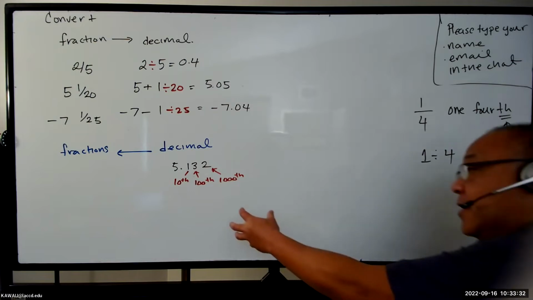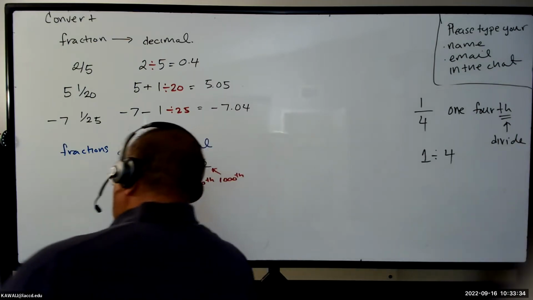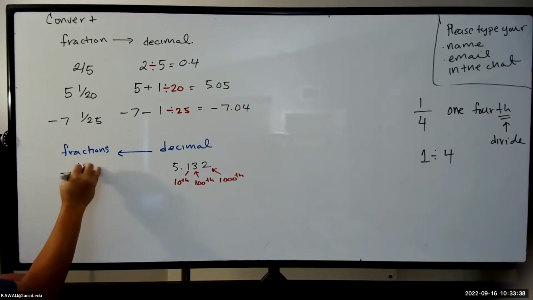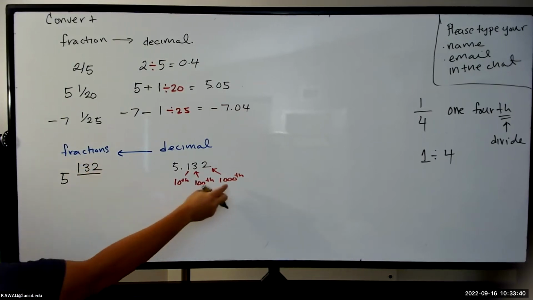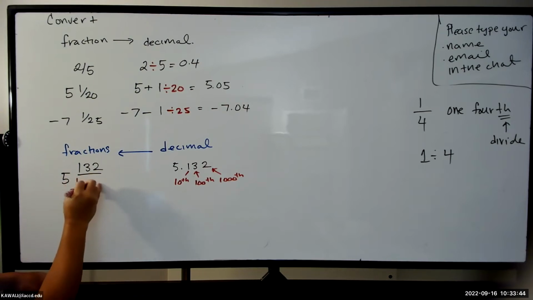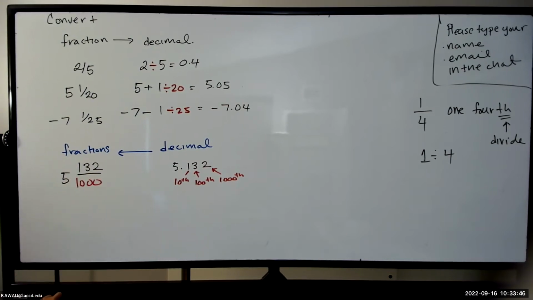So the same thing is going to happen over here. We're going to have 5,132 divided by whatever the last digit is, right? The last digit is in the thousands. And then you just have to remember to simplify.